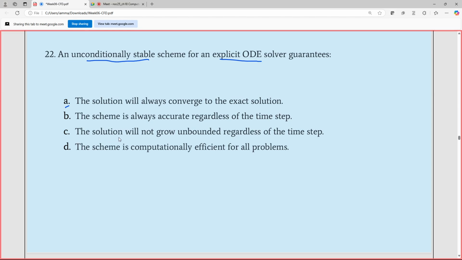Option C, the solution will not grow unbounded regardless of the time step. Option D, the scheme is computationally efficient for all problems. So what does it mean to say unconditionally stable scheme for an explicit ODE?